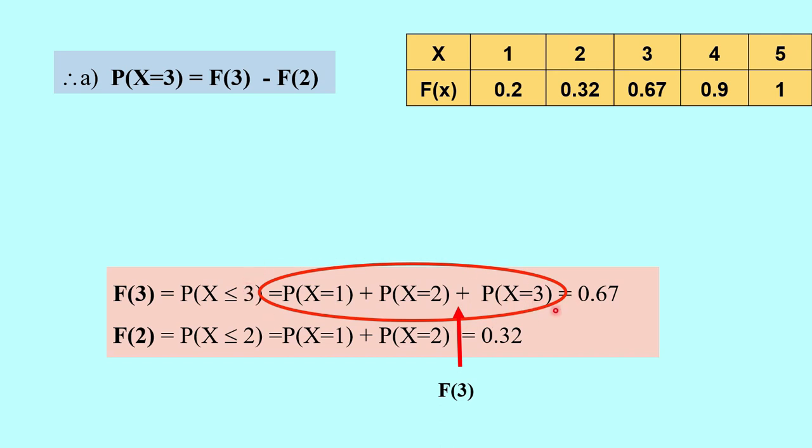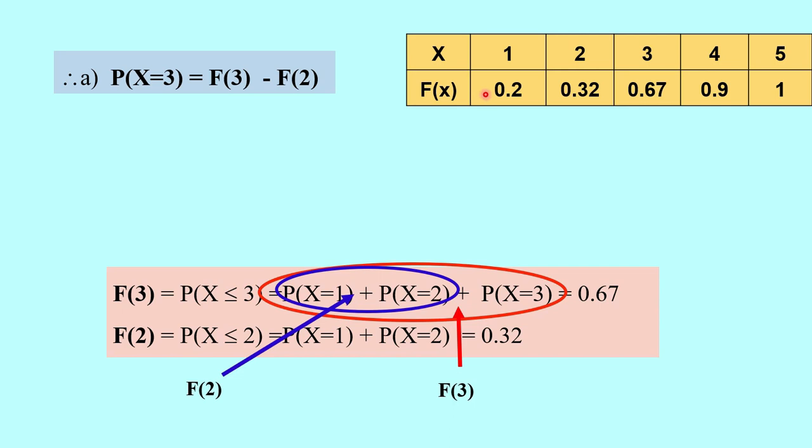So this whole value is called F3. What is F2? F2 is represented by the blue circle here. That is the sum of probability x equal to 1 plus probability x equal to 2. So to get probability x equal to 3, you create the formula F3 minus F2. So this is how we create the formula.